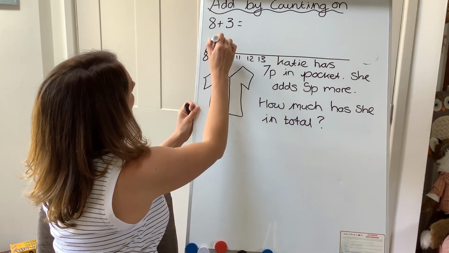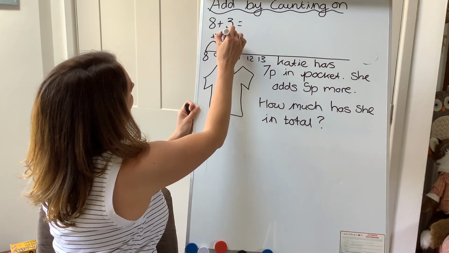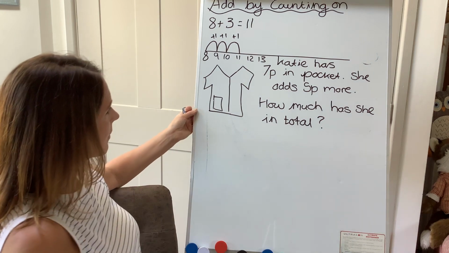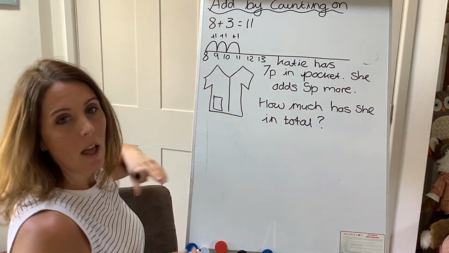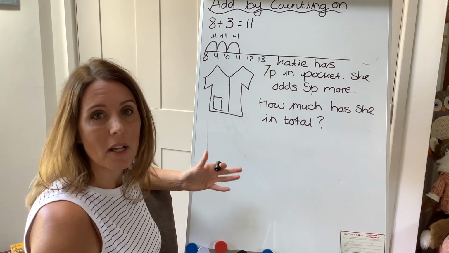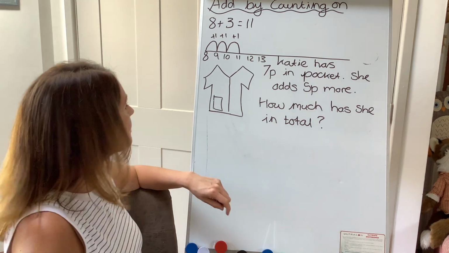So 8, 9, 10, 11. So I've counted on 3 more and it makes 11. So remember, you're not counting all, you're starting at the number. And because we talked about that commutative property of addition, that it can be done in any order, it's great to start with the biggest number.